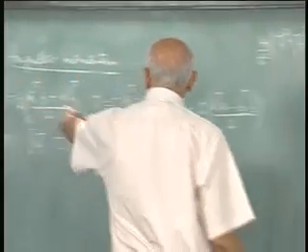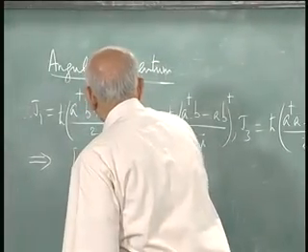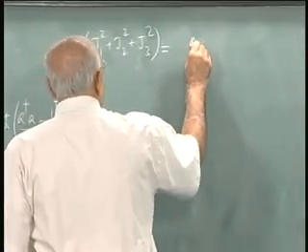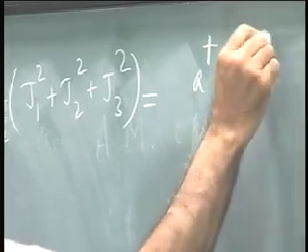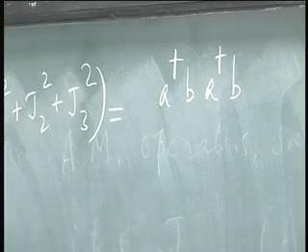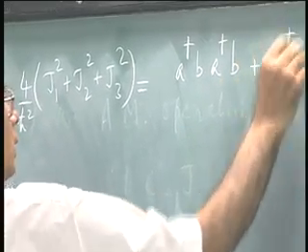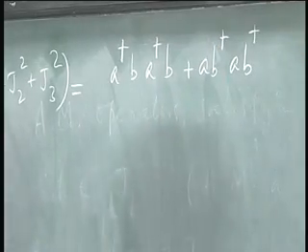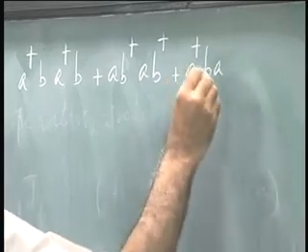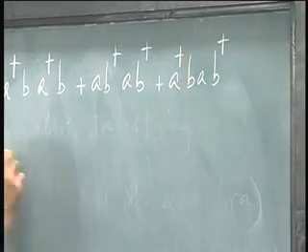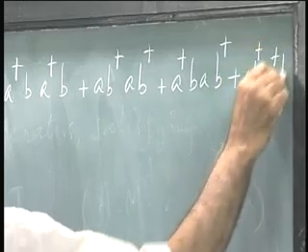So I have to square A dagger B plus A B dagger, so it is equal to, let us write it properly, A dagger B, A dagger B, square everything painfully, plus A B dagger, that is that term, plus A dagger B, A B dagger, plus A B dagger, A dagger B.